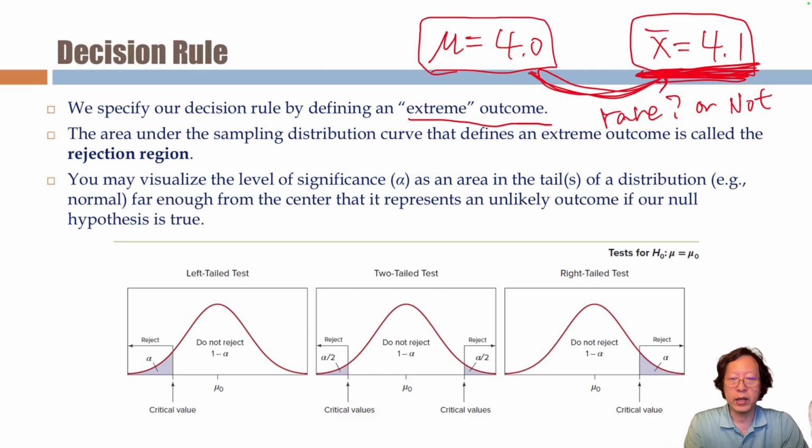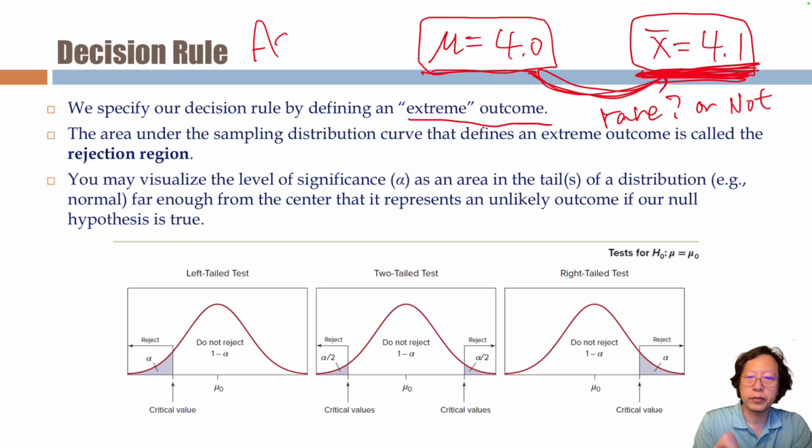So what we are testing here, the probability or the z-value, is this: we assume the null hypothesis is true, and then find how rare our sample mean is.